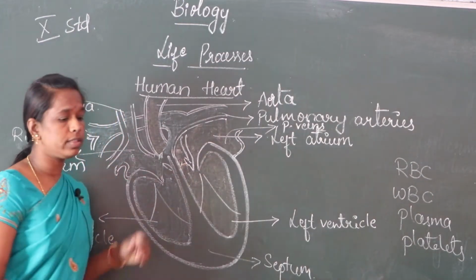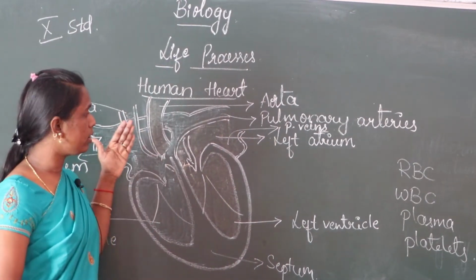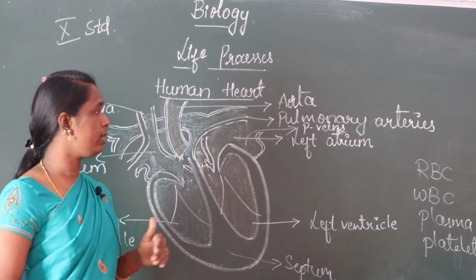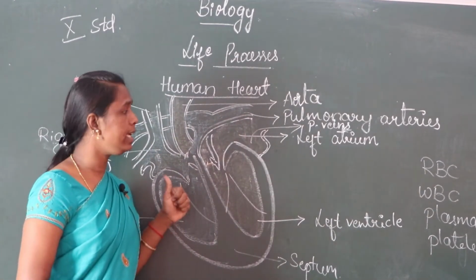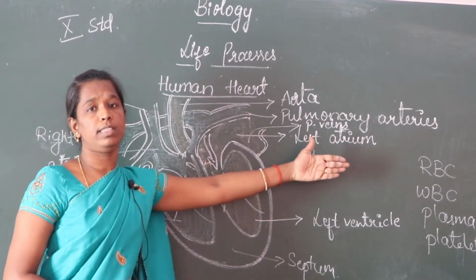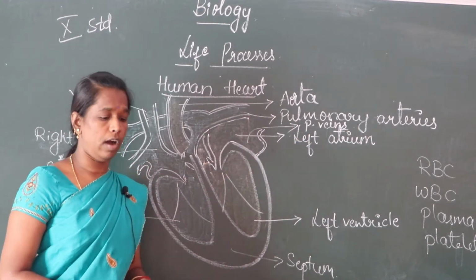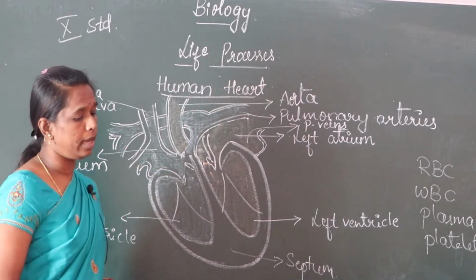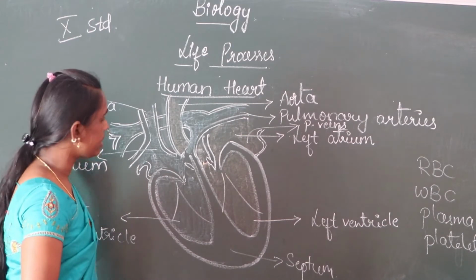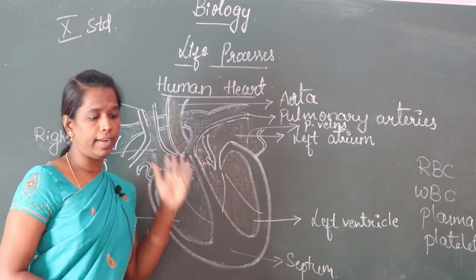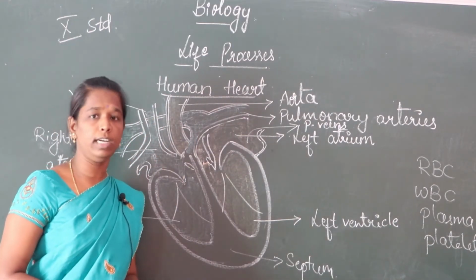Plasma transports food, carbon dioxide and nitrogenous waste. Oxygen is carried by the RBC, that is red blood corpuscles. Many other substances like salts are transported by the blood.